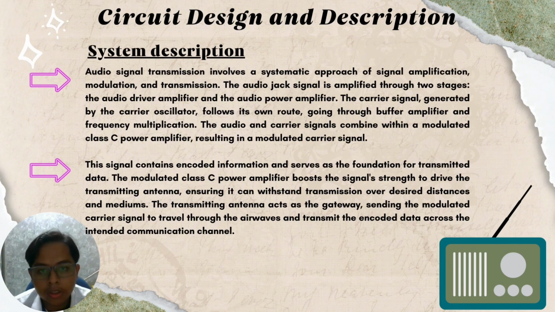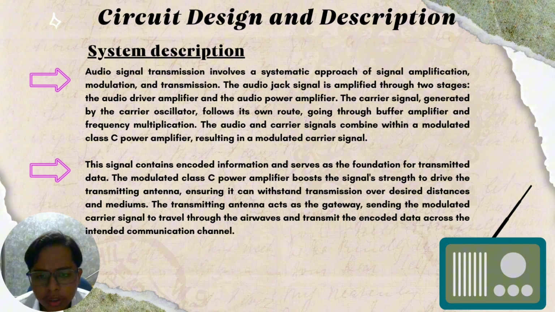Next, for the system description, the audio signal transmission involves a schematic approach of signal amplification, modulation, and transmission. The audio jack signal is amplified through two stages, the audio driver amplifier and the audio power amplifier. The carrier signal generated by the carrier oscillator follows its own route, going through the buffer amplifier and frequency multiplication.